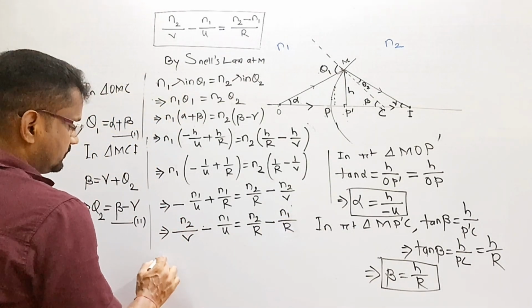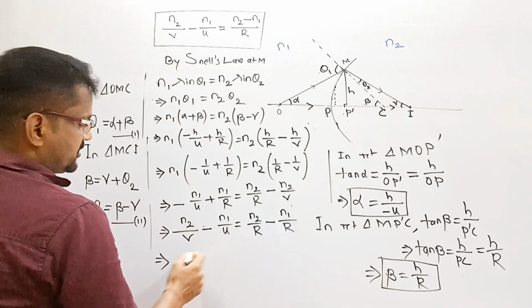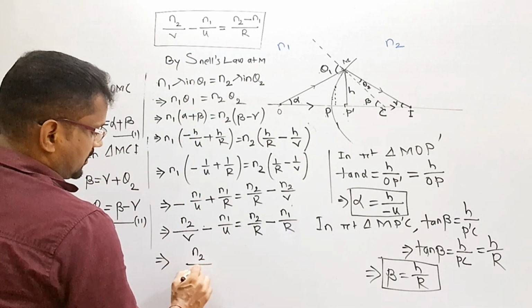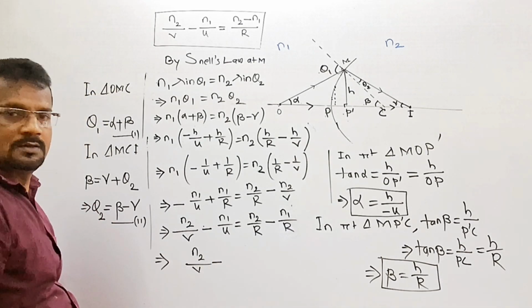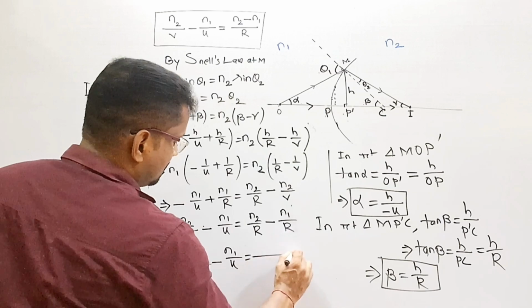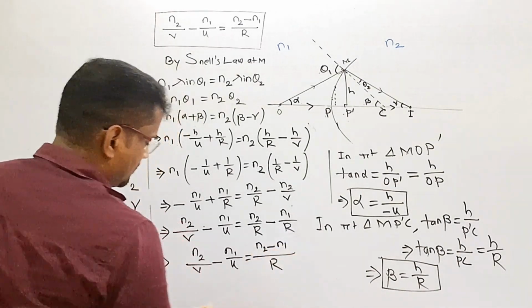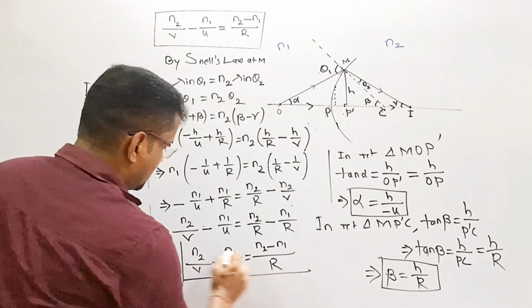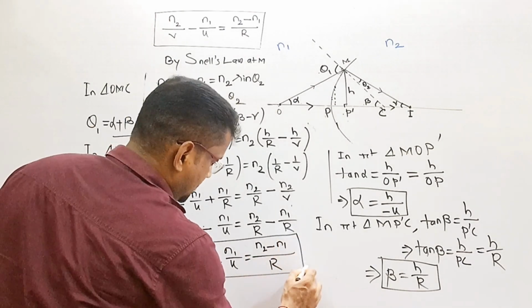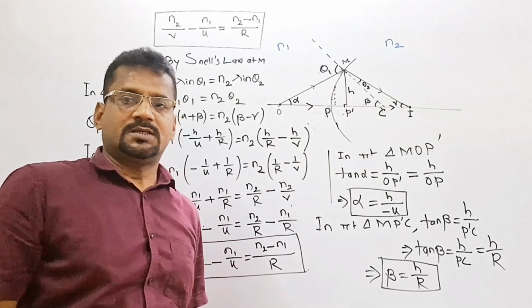So finally, on the left-hand side, taking the LCM, we get n2/v minus n1/u equals (n2 minus n1)/r. This is the relation between refractive index and radius of curvature of the spherical surface.